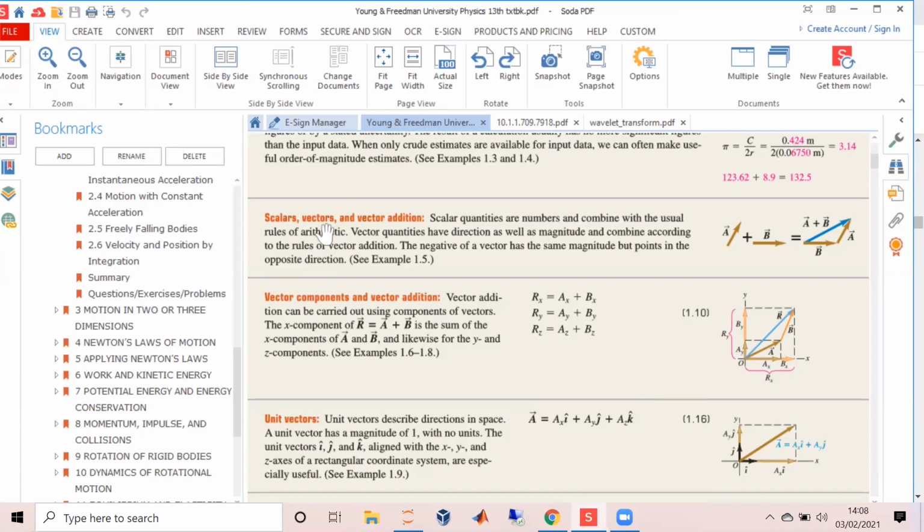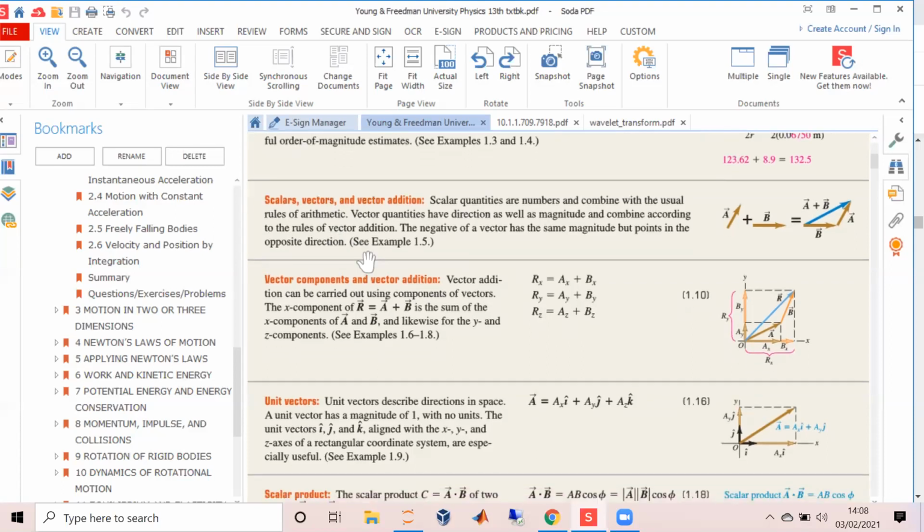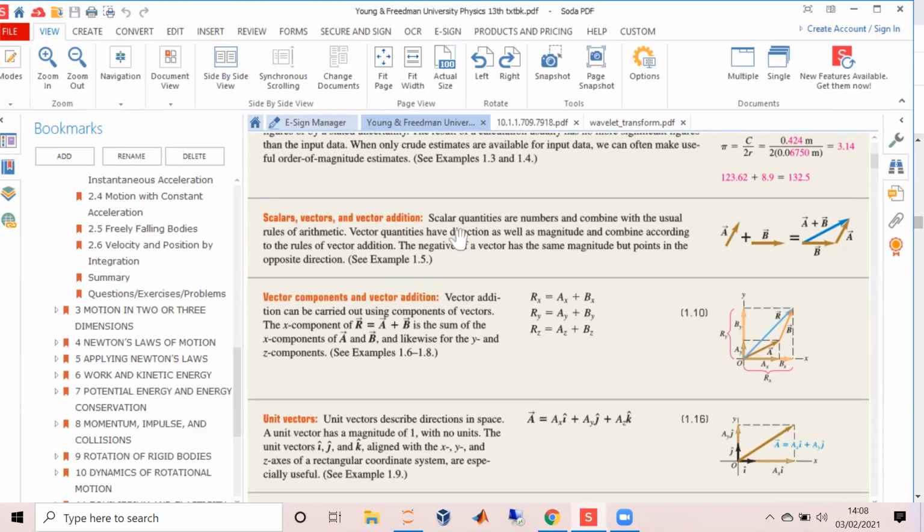For example, acceleration, velocity, right? So they are related to a direction, okay? It's important, the sense in which you are moving, right? So it's not the same to have a positive or a negative, right? So I also recommend you to get familiar with all types of operations with vectors, okay?